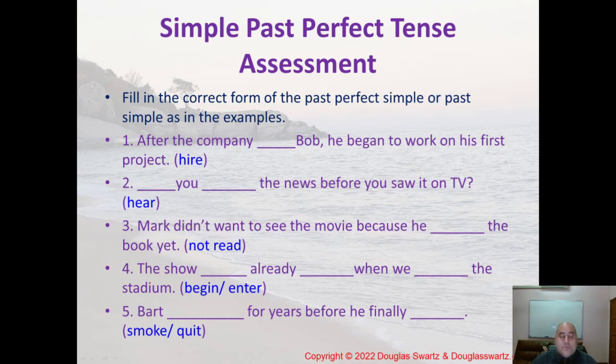Number 4, the show, already, when we, the stadium, begin, enter. And lastly, number 5, Bart, for years before he finally quit. So pause the video, select your answers, and then we will go over the answers.